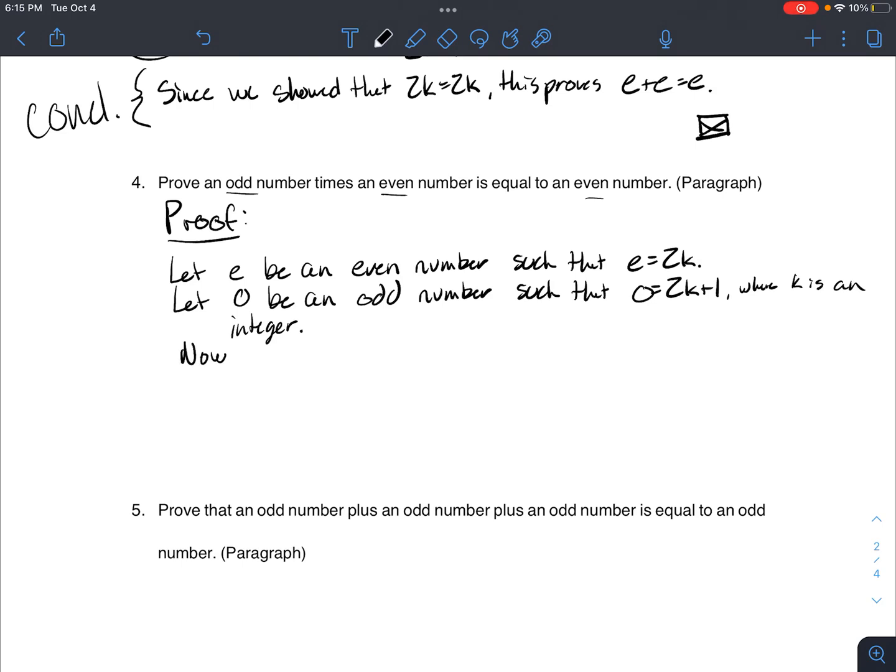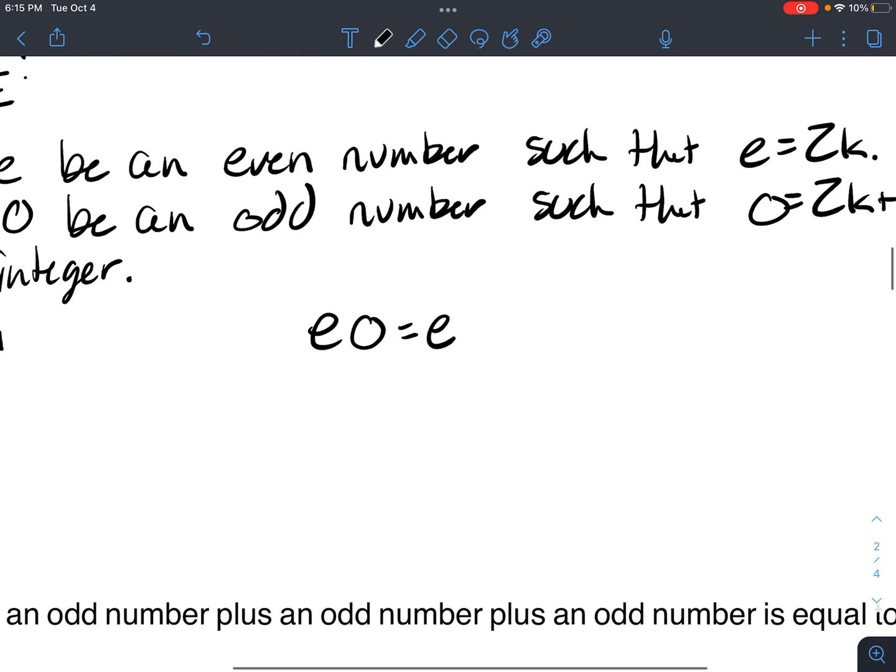Now we have e times O is equal to e, or 2k times 2k plus 1 is equal to 2k. Now we can do one of two things here. One thing that we can do is very simple.